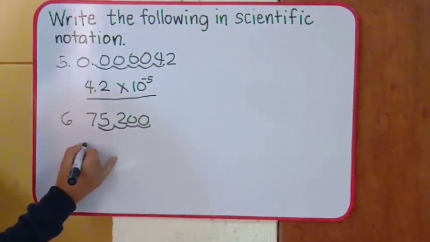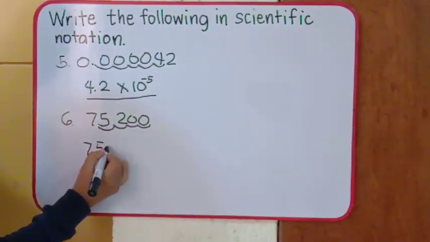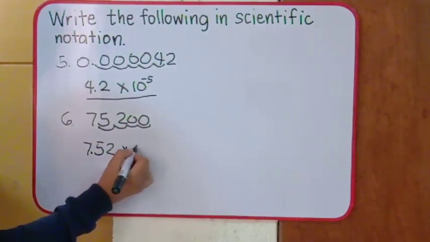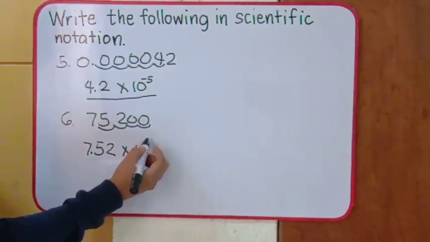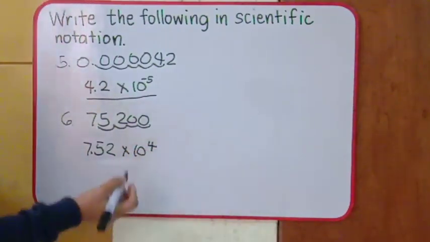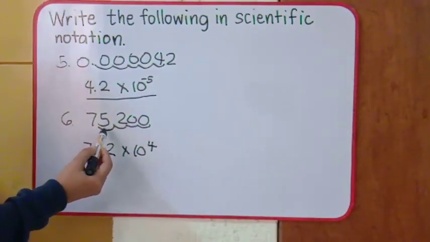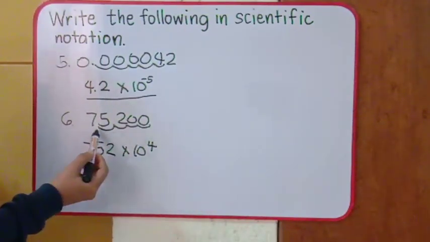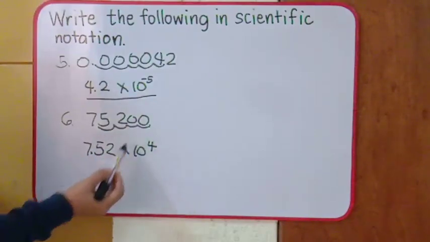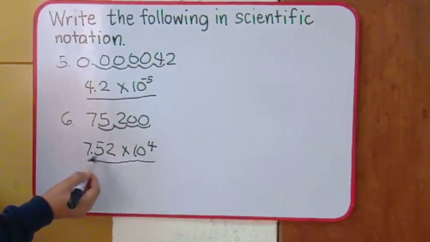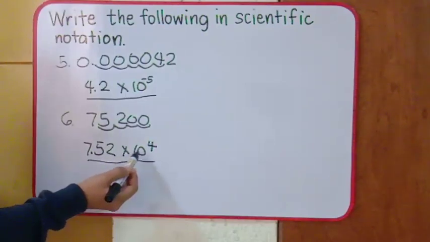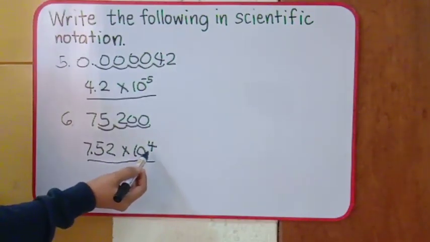So we will have 7.52 times 10 raised to 4. Okay? So 4 will be positive since we are changing a whole number to scientific notation. So 75,200 in scientific notation is 7.52 times 10 raised to 4.